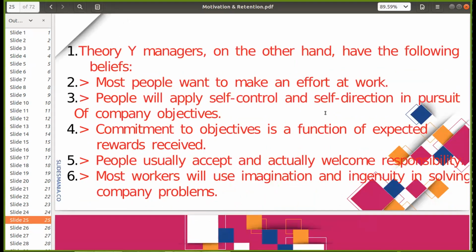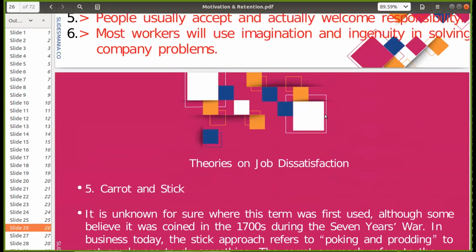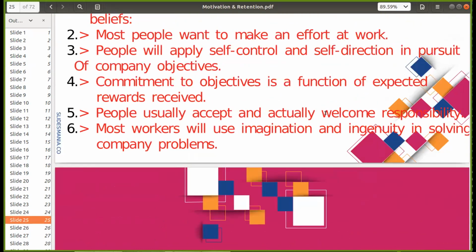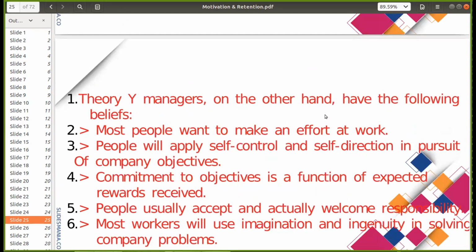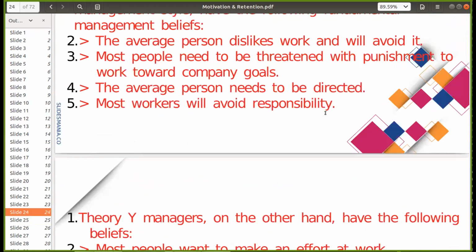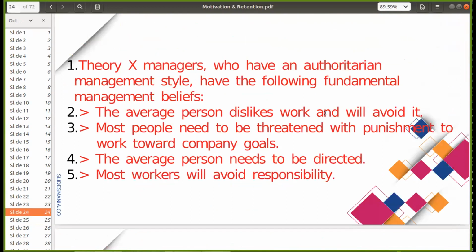So makikita na kagad yung difference. Okay? So as you can see, yung dalawang paniniwala na yon, may malaki silang pagkakaiba. May malaking gap. No? And managers who manage under the theory X may have a more difficult time retaining workers. At as a result, they may see higher turnover rates.